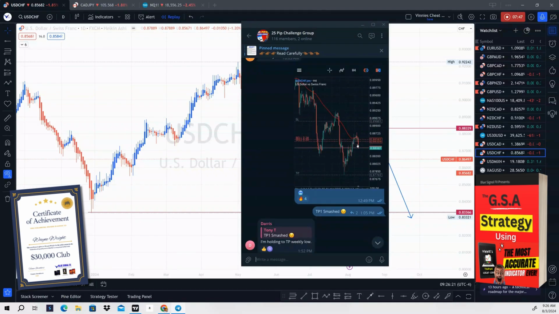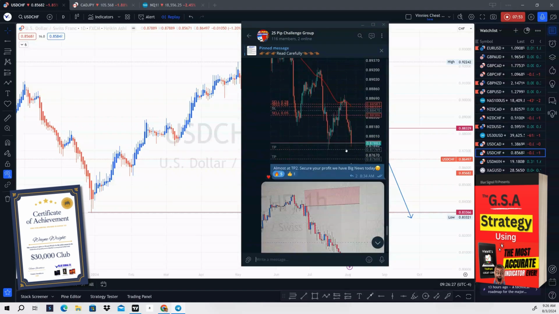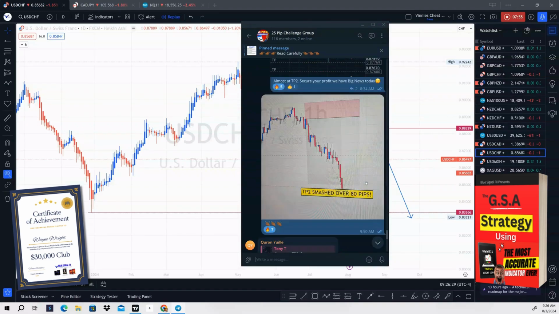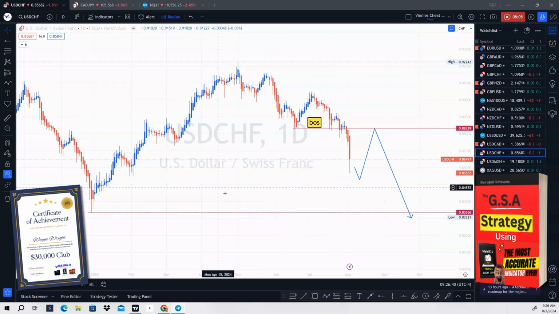As you can see, here's where I entered into the market. TP1 got smashed, and then we were on to TP2. Okay. So we caught 80 pips on this move, and price continued down. All right. So that was a nice little swing trade for the week.